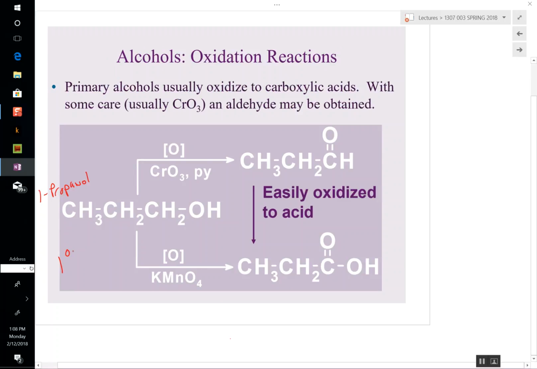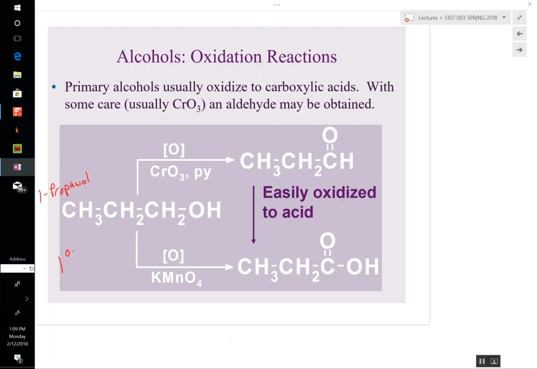This is the most complicated. Secondary is less complicated, and tertiary is easy. All right? What we need to understand right now is that each class of alcohol oxidizes differently. All right? So you need to be able to parse out what kind of alcohol this is and what it's going to do when it oxidizes.